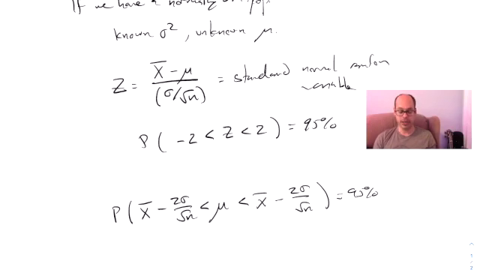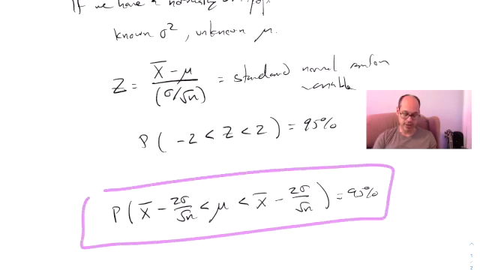So cutting to the chase, knowing that we have a standard normal random variable with this particular combination, we know that there's a 95% certainty that a standard normal variable is between -2 and 2. If we substitute in and rearrange, we get this expression right here, and that gives us a 95% confidence interval for the mean, the population mean.